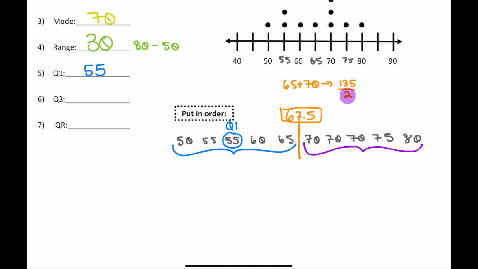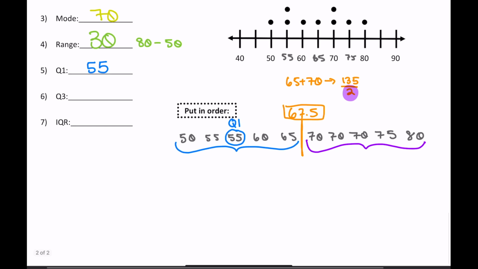So we still use that 70 to help us figure out our Q3. We have 5 numbers, and this 70 right here is right smack in the middle of our second half of data. How do I know that? There are 2 numbers on the left side of it and 2 numbers on the right side of it. So that's 70.